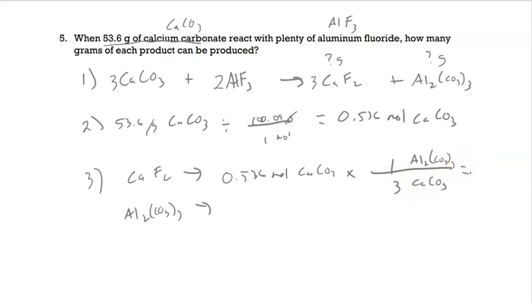So 0.536 times 1/3. We get 0.179 moles of aluminum carbonate.